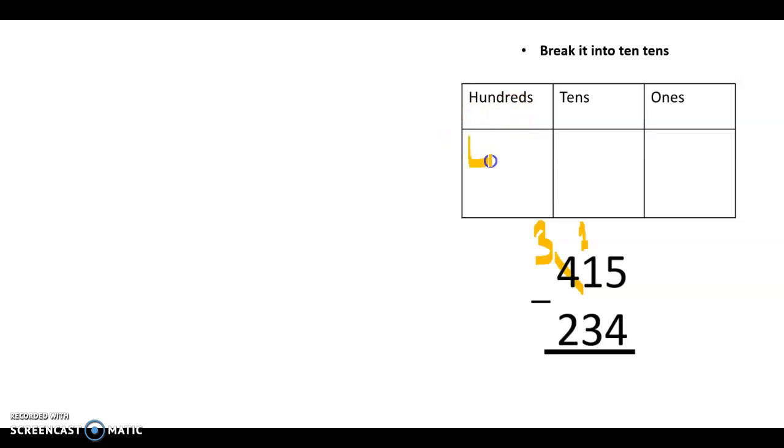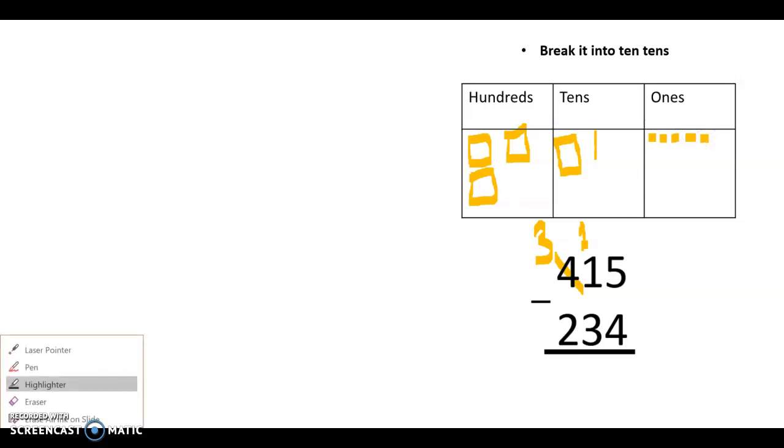So here I have my 300s that remain after borrowing. I've got that 100 I moved over to the tens place with the 10 we started with, and then my 5 ones. Well, like I said, we've got to break that 100 up into tens because it is now in the tens place. So 10 tens equal 100.